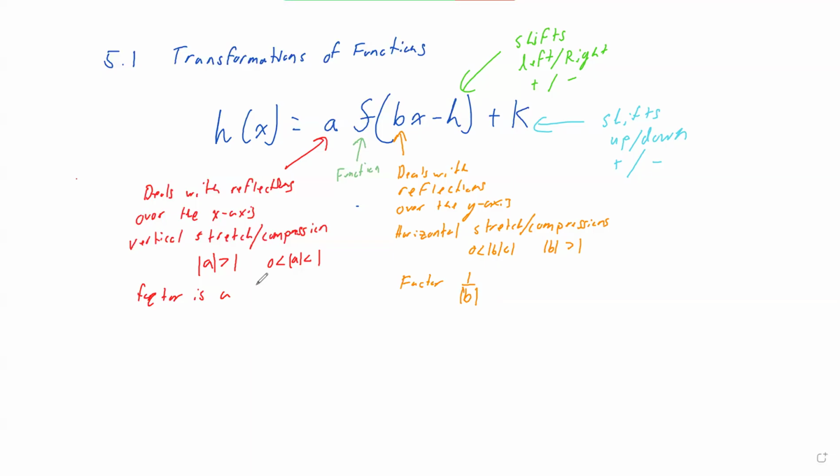But if my B is 2, I'm horizontally compressing by a factor of 1/2. So that's kind of the difference there on the factor part.